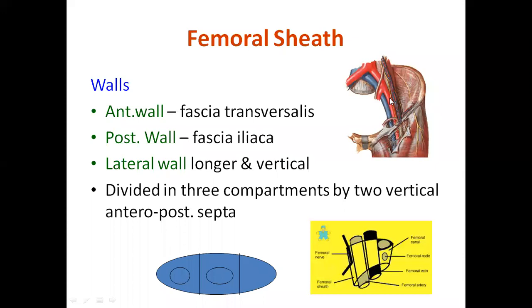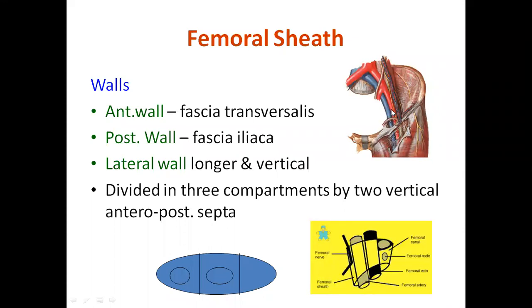So when the artery comes down, it takes a part of the transversalis fascia. The posterior wall is derived from fascia iliaca. Fascia iliaca is the fascia that is covering the iliacus muscle. So the posterior abdominal wall or posterior pelvic wall is made of the fascia iliaca and the iliacus muscle.